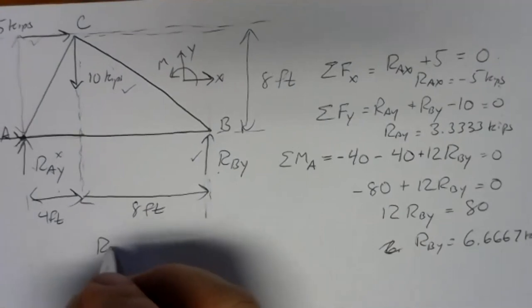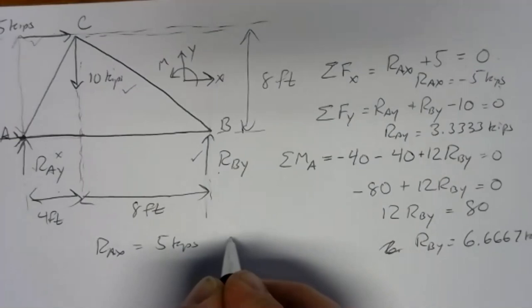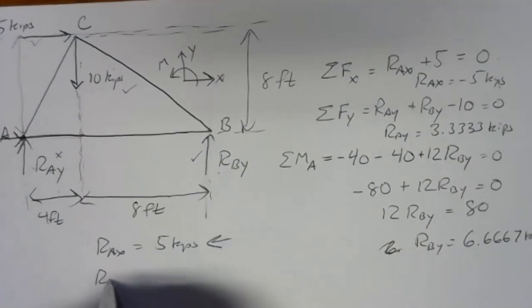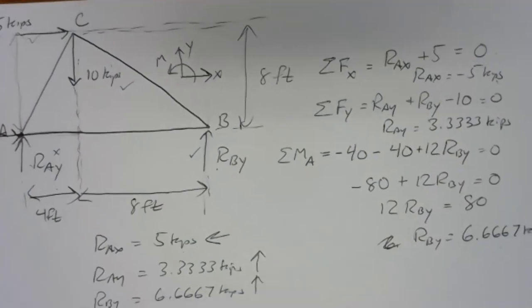We have RAX, 5 kips to the left, RAY was 3.3333 kips up, and RBY was 6.6667 kips up.